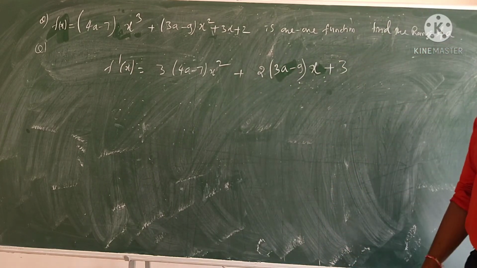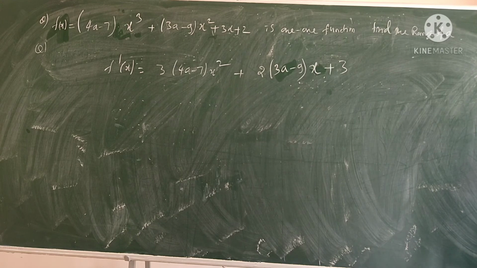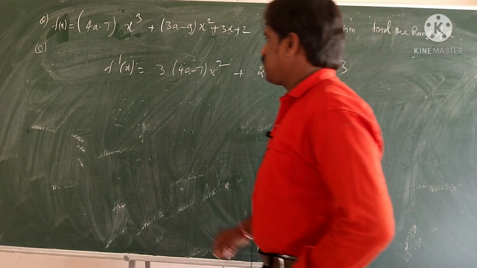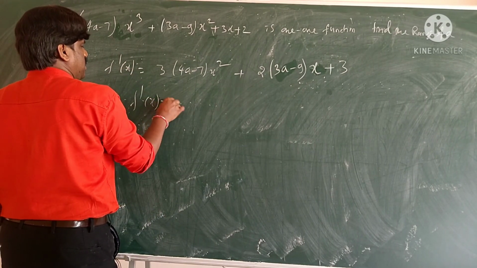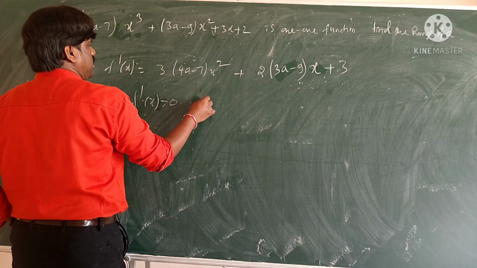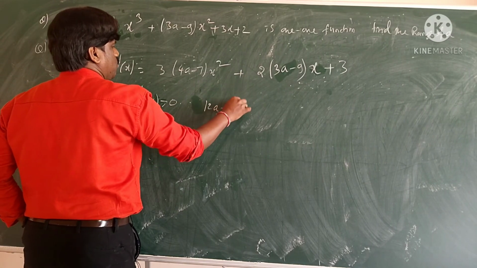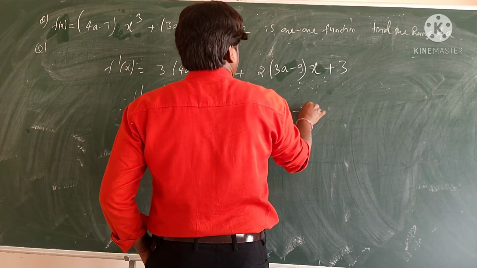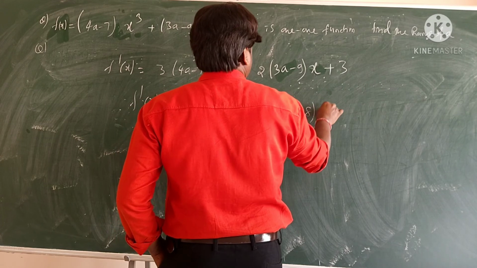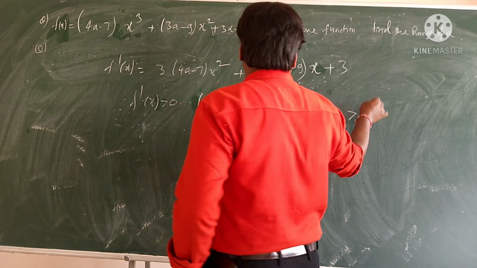If it is a one-one function, it depends on the option: either I can go for f dash of x greater than 0 or less than 0. If I take f dash of x greater than 0, multiplying this out, it means (12a minus 21) x square plus (6a minus 18) x plus 3 greater than 0.